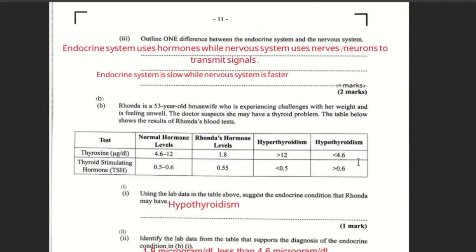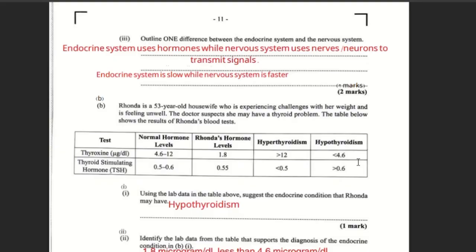Then it says outline one difference between the endocrine system and the nervous system. The endocrine system and the nervous system work very closely to each other. But the biggest difference is that the endocrine system utilizes hormones while the nervous system uses nerves, or neurons, so nerve cells, to transmit signals.